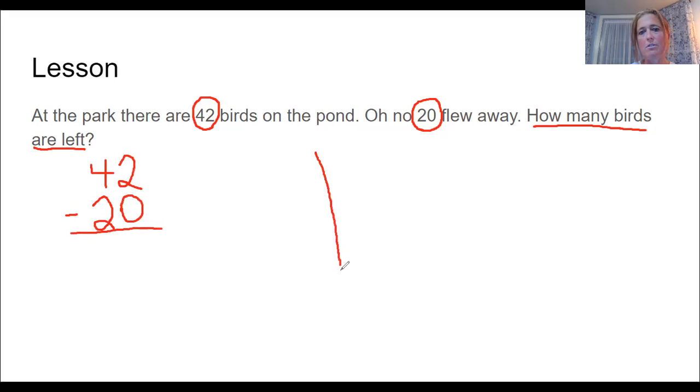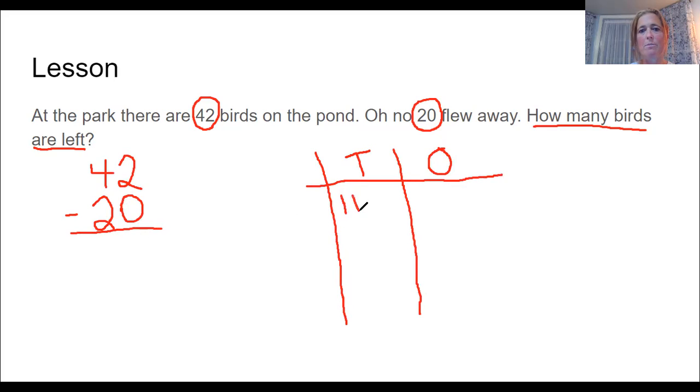So we are going to use my crooked lines. And this time we only need 10s and 1s. All right, so our bigger number is 42. So we have 4 groups of 10 and 2 1s, and we're subtracting 20.